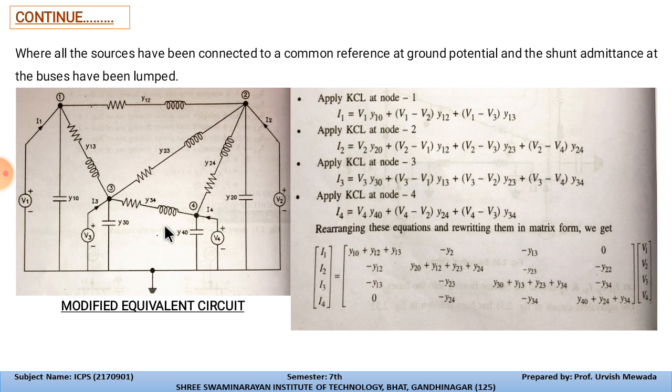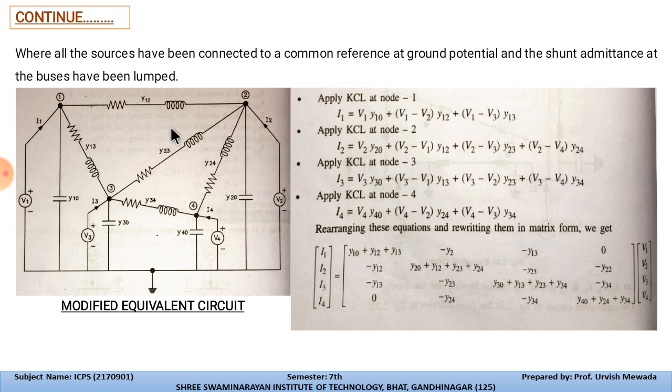The capacitance which forms from a node to ground, from node number 3 to ground, is y30, and this is the capacitive susceptance. Similarly y40 is from 4 to 0, and 2 to 0 it is y20.